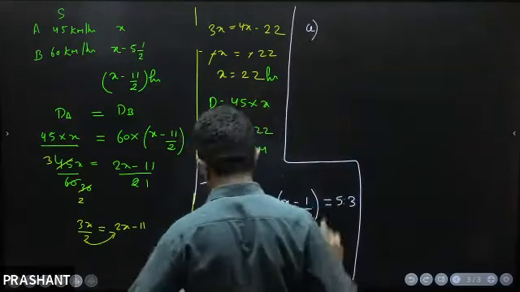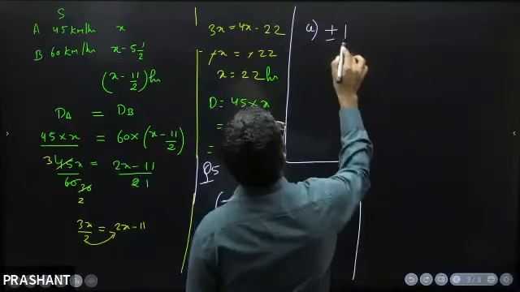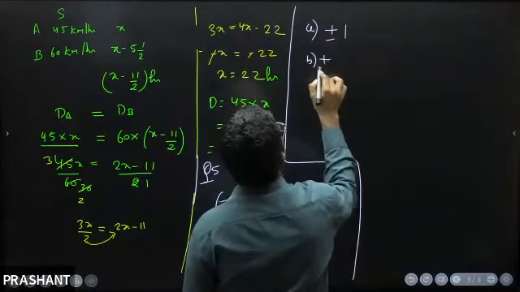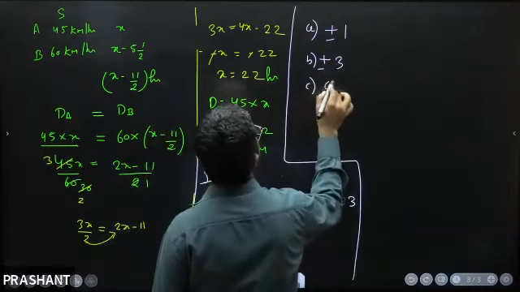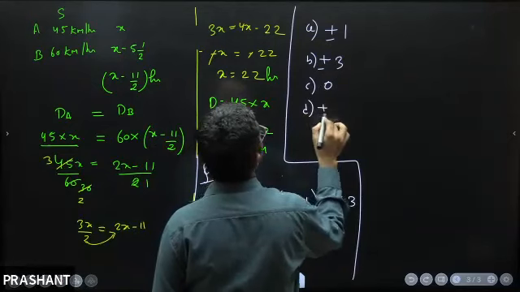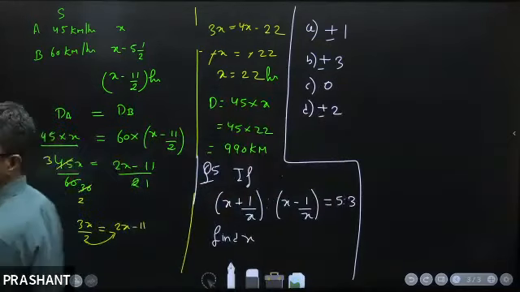Option A, plus minus 1. Plus minus 3. 0. Plus minus 2.